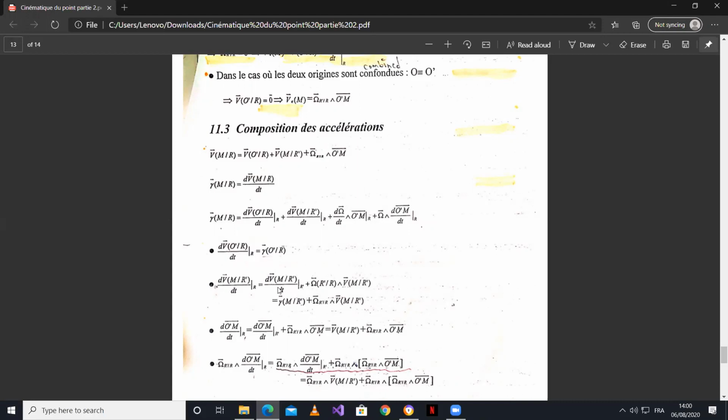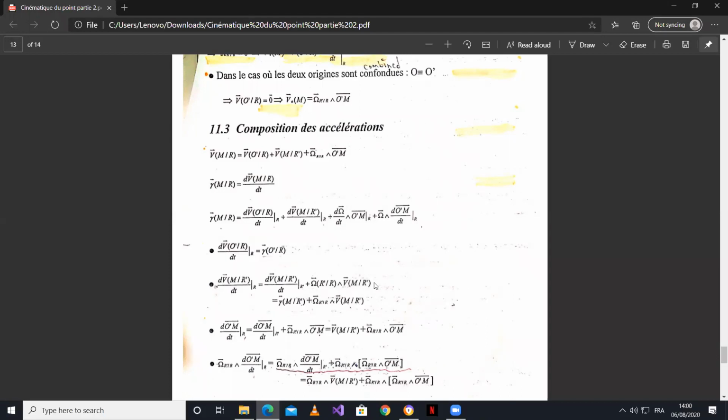And then this one, since it's R prime, it's just going to be direct and the derivative of the vitesse is going to become gamma, l'accélération du point M dans R prime, plus this term here, oméga de R prime dans R vectoriel la vitesse du point M dans R prime.